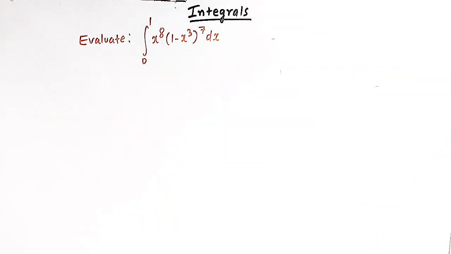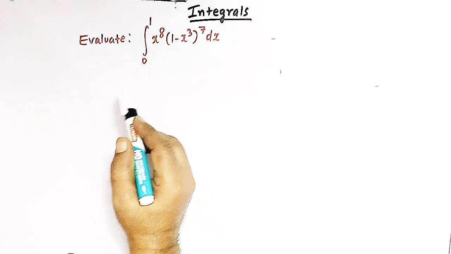Hello viewers, in today's session we are going to discuss another important problem from integrals. And in this session we are going to evaluate this important integral with the help of the concept of beta and gamma functions, right?